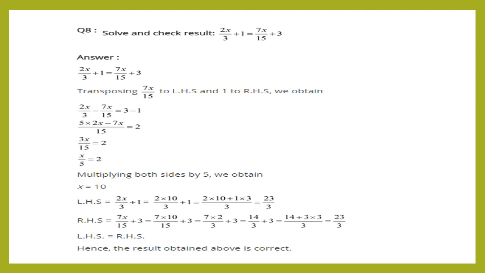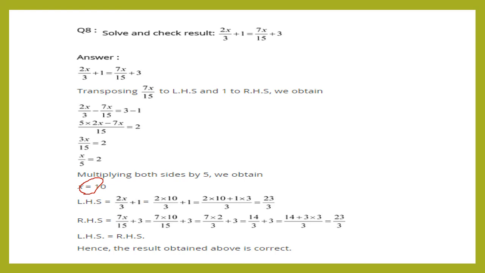And multiplying both sides by 5, we'll get x by 5 into 5, the 5 gets cancelled, x remains, equals 2 into 5, 2 5s are 10. So the x value is 10. See children, let us take the LHS to verify this equation. 2x by 3 plus 1 equals 2 into 10 by 3 plus 1. 2 10s are 20 by 3 plus 1.